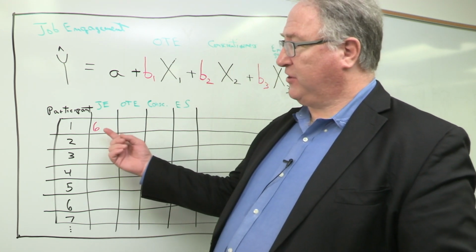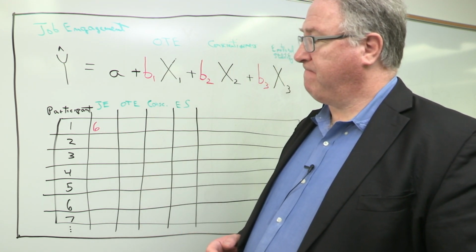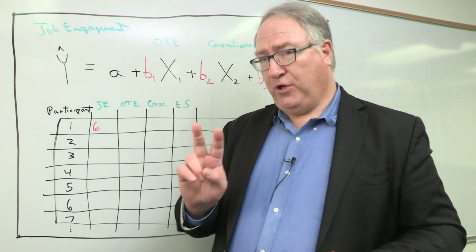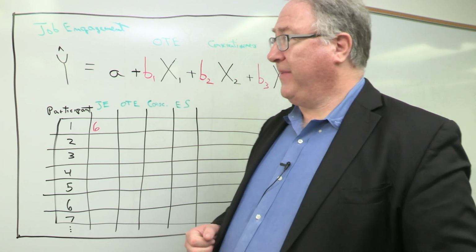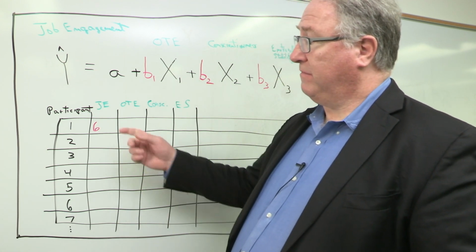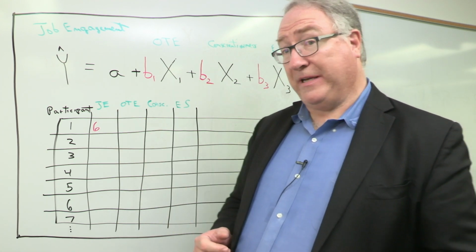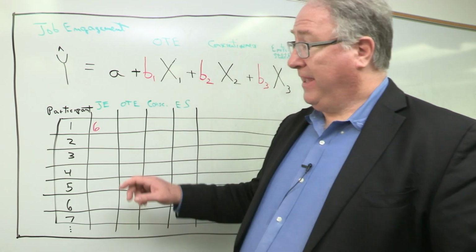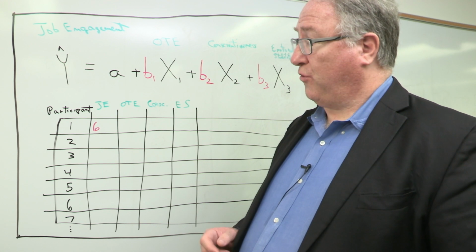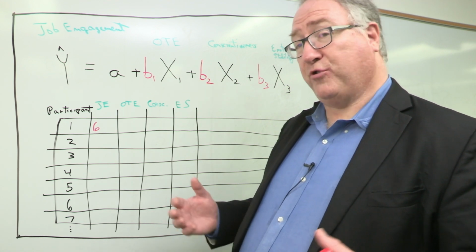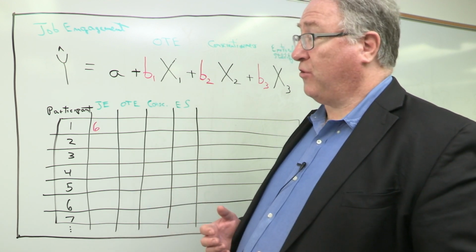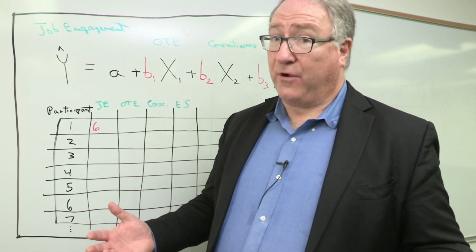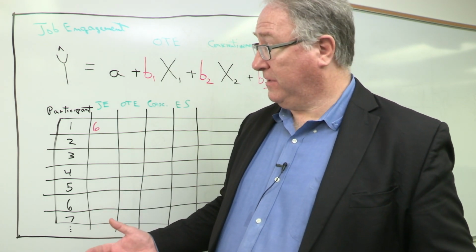I'm putting that 6 way over on the side there because you actually are going to get 2 scores on the outcome variable measure. In this case, 2 scores on the job engagement measure for each of your participants. That's the first score, okay? That's the observed score. That's the score that the person actually got on the job engagement measure when they filled it out and it was scored by the researcher.